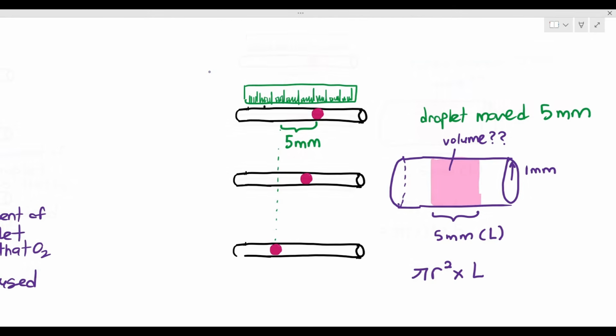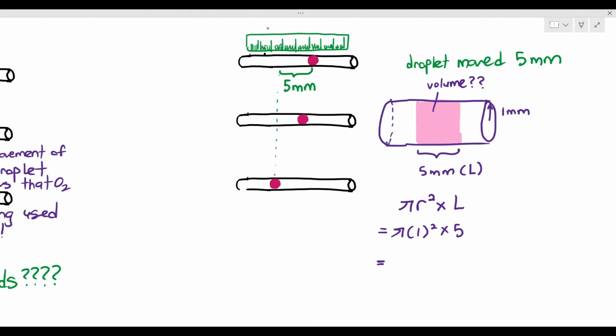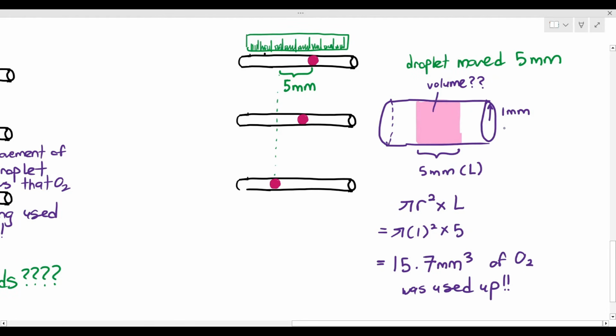So pi r squared, which is pi 1 squared, multiplied by 5. And when it's multiplied by 5, in this case, it will give you 15.7 millimeter cube of oxygen was used up. That was the volume of oxygen the seed used up, by the way.